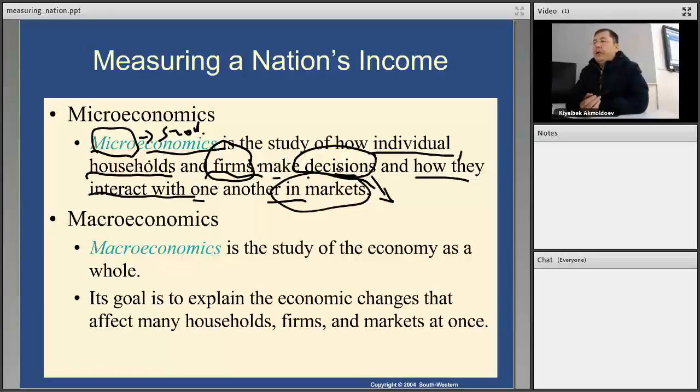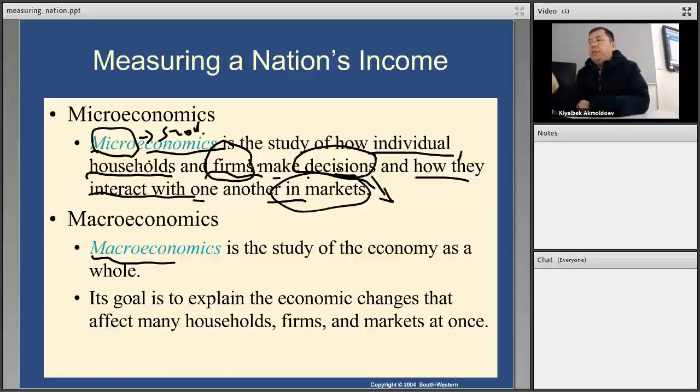So microeconomics, again, let me repeat, studies small parts of the economy as individuals and firms, and their decisions to get maximum benefit with their resources, and how they interact with one another in the market.